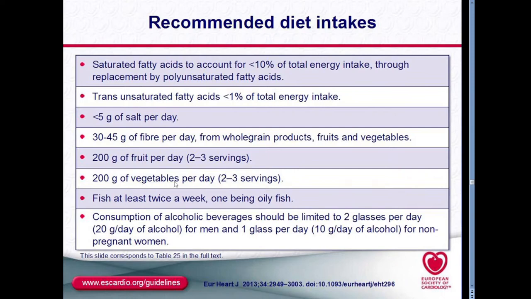200 grams of vegetables per day. Fish at least twice a week, one being oily fish. Consumption of alcoholic beverages should be limited to 2 glasses per day, for men, 1 glass per day.